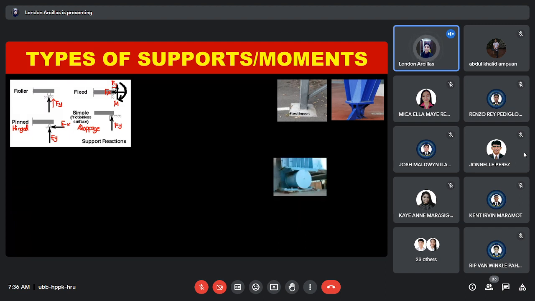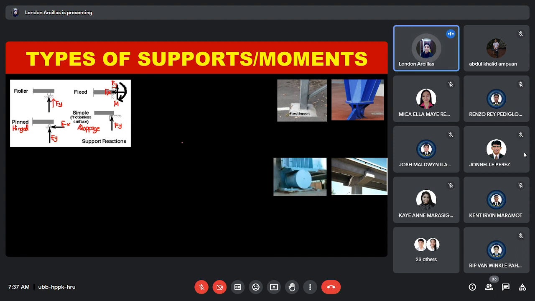So, isang support lang sa vertical. And lastly, we have the simple frictionless support or surface. Kung nakikita yung bridge sa Balagtas, so ito yung tinatawag na simple surface or simple support. Okay? Yan yung ibig sabihin ng mga support natin, types of support.